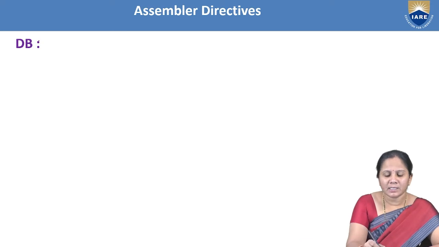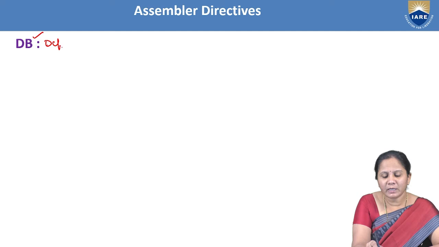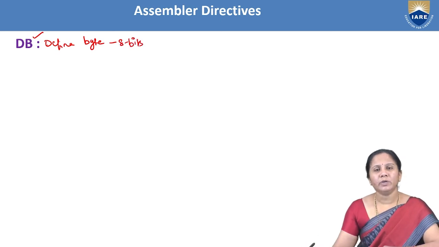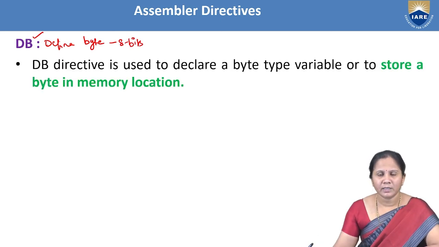And the next assembler directive is DB. Here DB represents define byte. We know that a byte means 8 bits. So it tells the assembler to reserve memory, and the data we specify will be stored there.